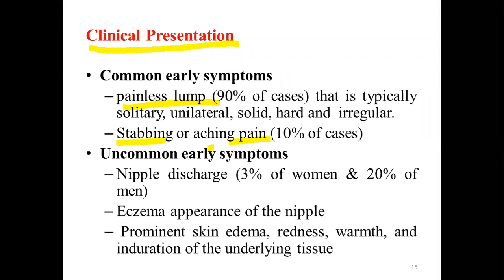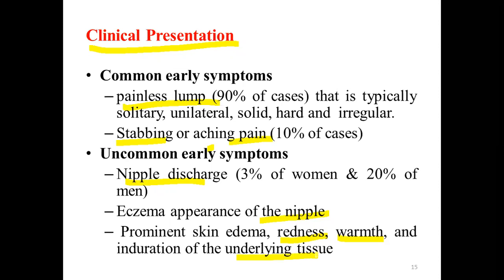Less common, but it can happen, are nipple discharge or eczema-like appearance of the nipple, and prominent skin edema, redness, warmth, and induration, which are very common in the inflammatory type of breast cancer.